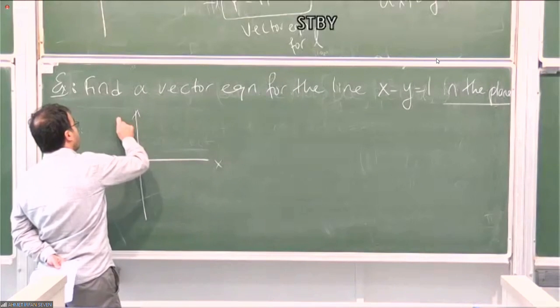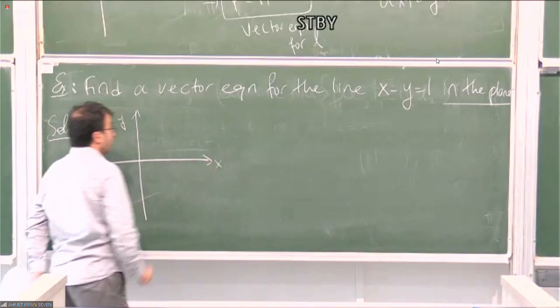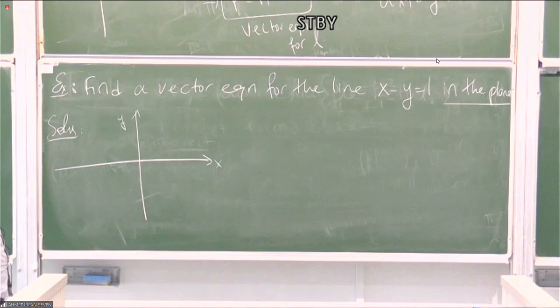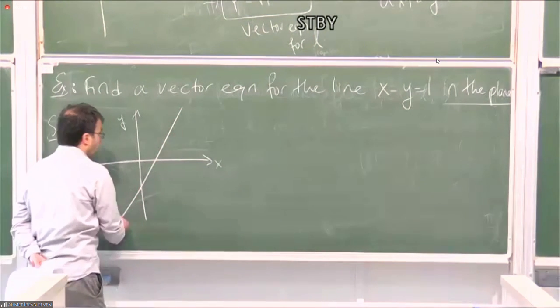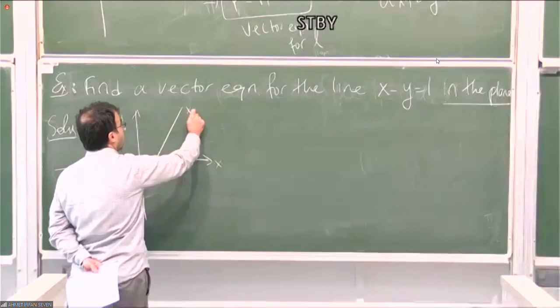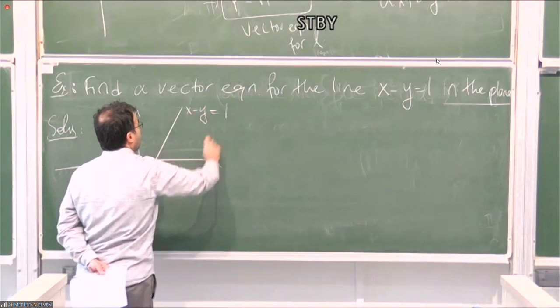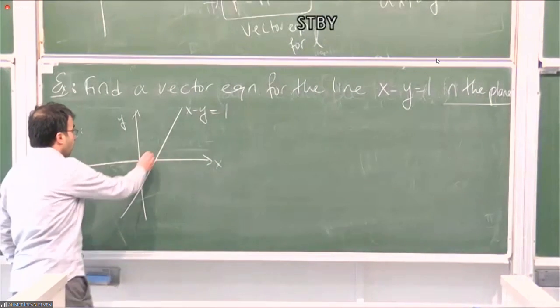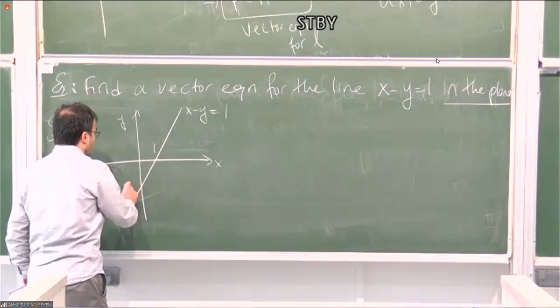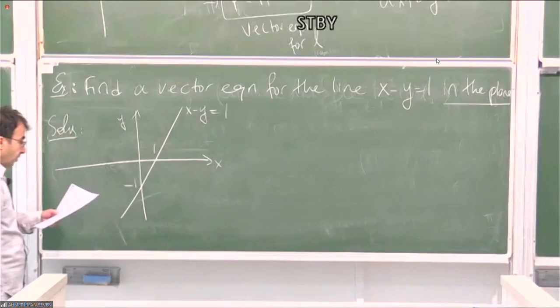We are in this xy Cartesian system now, and let's sketch the graph of this line. The line is like that. x minus y equals 1. All right, so this is 1. This is minus 1. Fine.